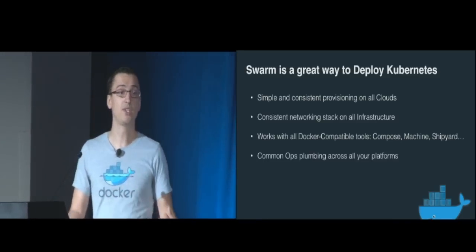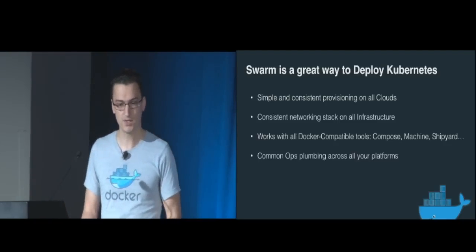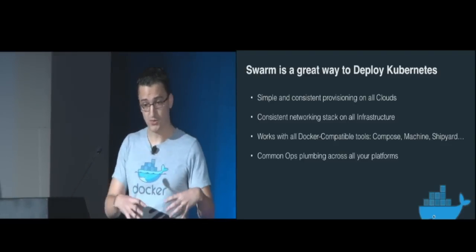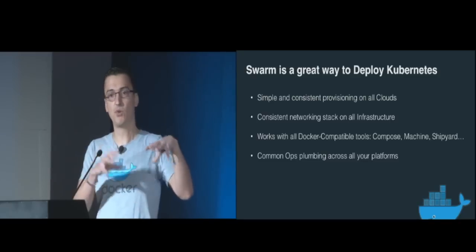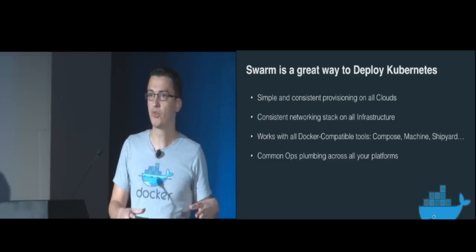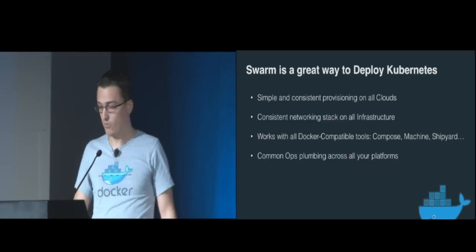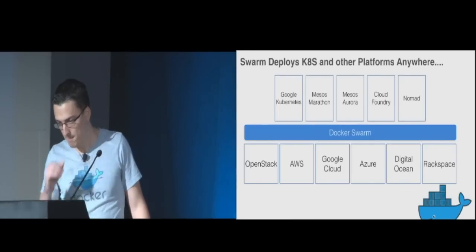So we didn't actually do any code for this demo. We just used Docker tools. In this case, we'll use Compose. And also, this brings common plumbing. So for instance, if you're used to using Compose already to deploy your services, it works exactly the same way for this demo.